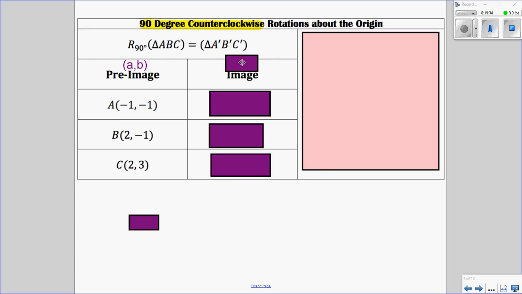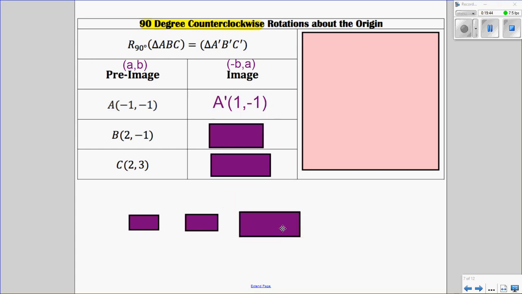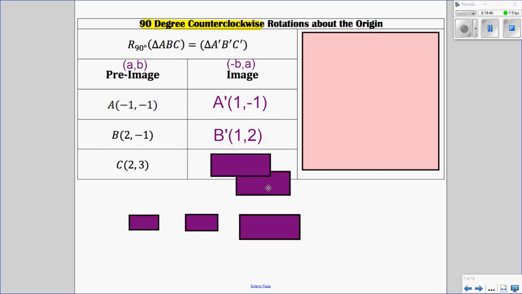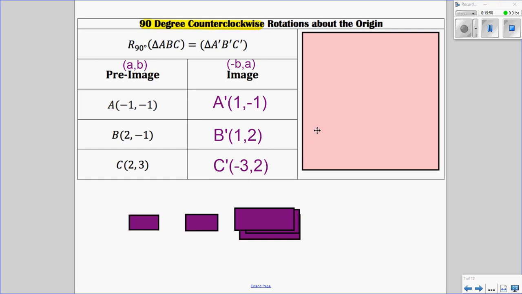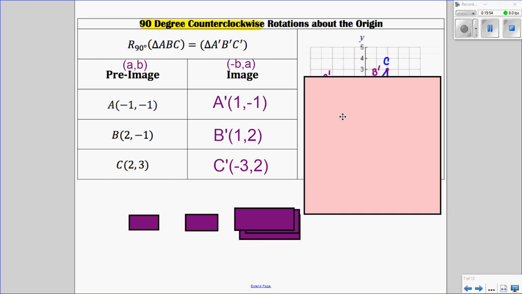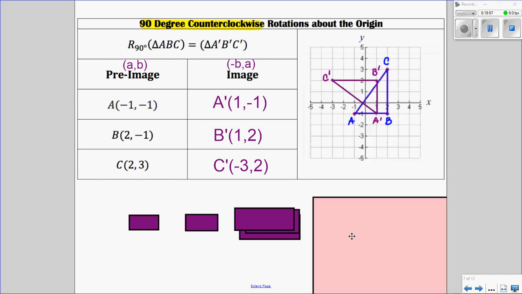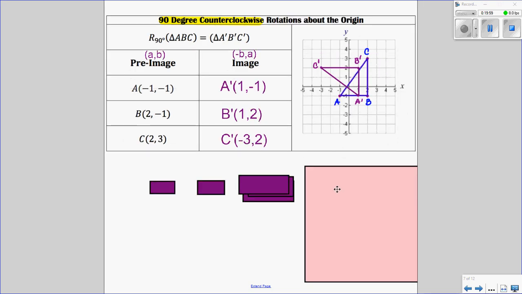So your two letters switch, and your B will be negative. Based on that, you'll know what to do with your letters. So we'll have (1, -1) for A prime, (1, 2) for B prime, and C prime will be (-3, 2). And once you do that, graph both images, the pre-image and the image, and there you go.